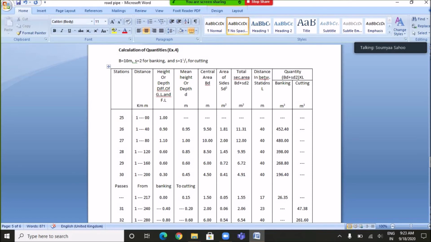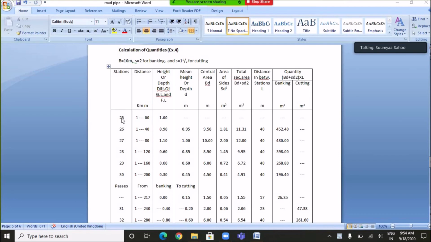And we have to make another column showing the distance between stations, and then we have to calculate the quantities by multiplying the distance between stations with the total area of the section. And we have to find out the quantity of earthwork in banking as well as in cutting.